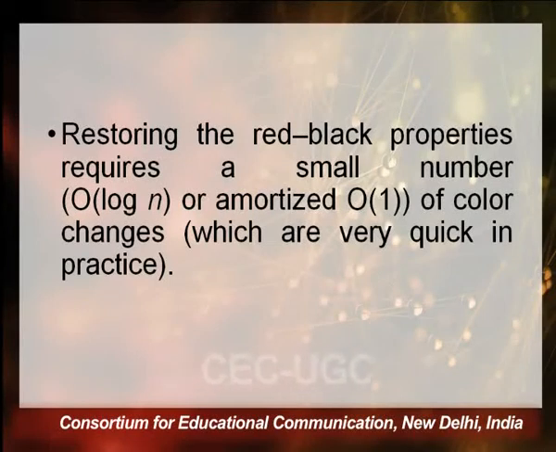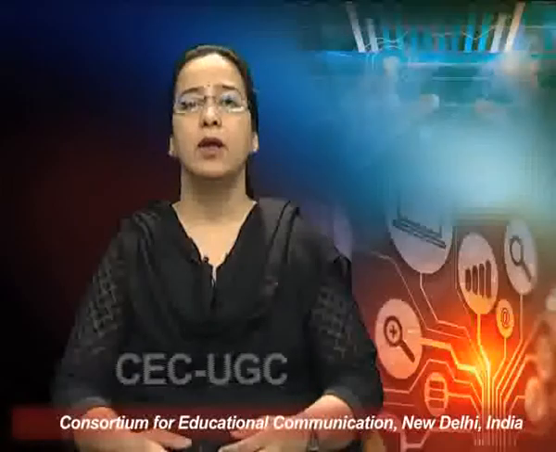That color change can be done in order 1 amortized time if we talk about amortized analysis, or in order log n if we talk about asymptotic analysis. So recoloring and rearrangement are two operations required to restore the red black properties of a tree, and these two operations are very quick in practice.